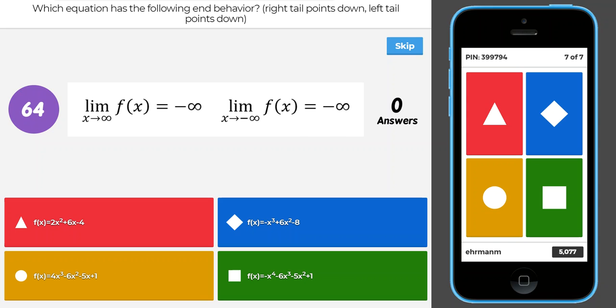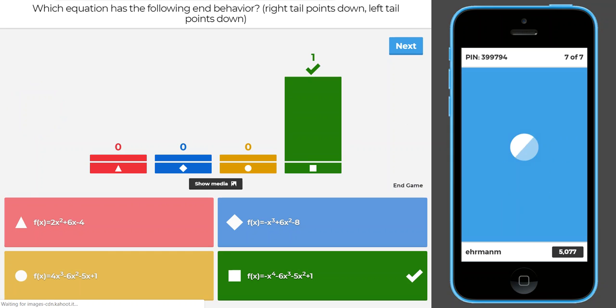So while this bit of information on the left is telling us that the right side tail is pointing down, this bit of information on the right is telling us that the left side tail is also pointing down. So to get 2 tails pointing in the same direction, we need an even degree polynomial. Negative x to the 4th power ought to fit the bill. Right side down, left side down, they're both pointing together. Negative leading coefficient, even degree. I like green square in this case.